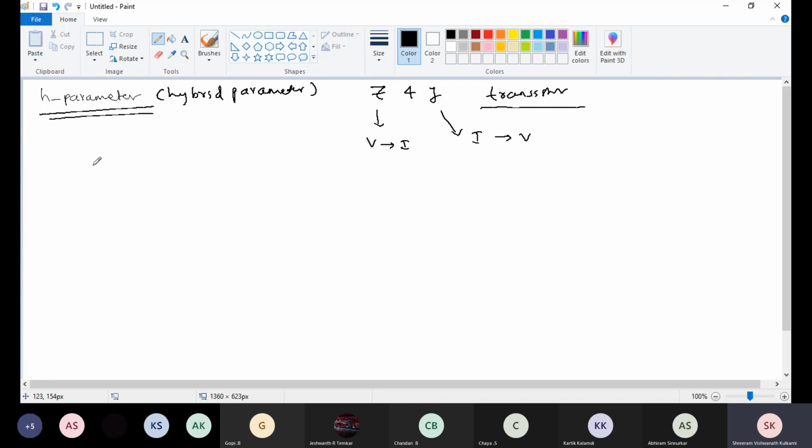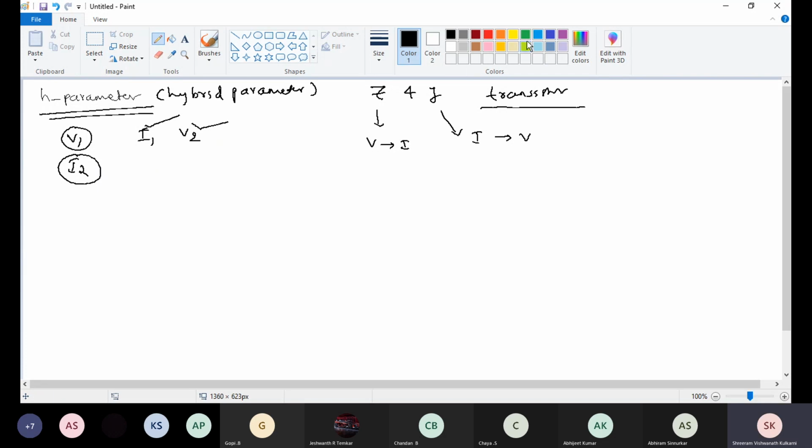In essence, these parameters are obtained by expressing voltage at the input port, that is V1, and current at the output port, that is I2, in terms of current at the input port, that is I1, and voltage at the output port, that is V2. We are going to express V1 and I2 in terms of I1 and V2.